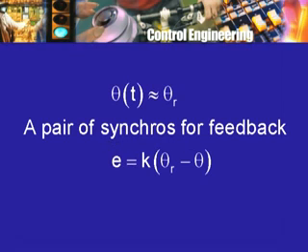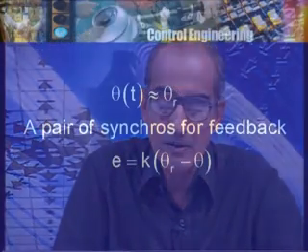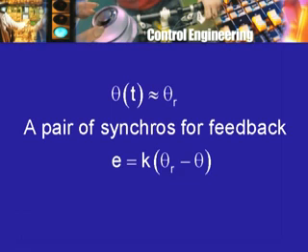There are two synchros. One synchro provides the reference position and the other synchro is mounted on the load shaft. So, effectively you have two angular positions, and by proper interconnection between the synchros, you can obtain a voltage that is a function of the difference between the reference angular position and the actual angular position.